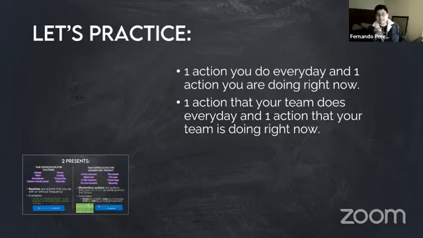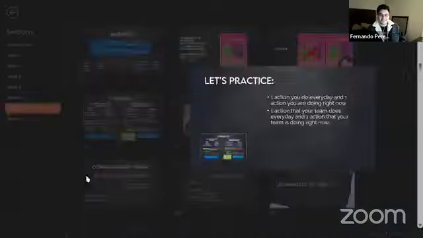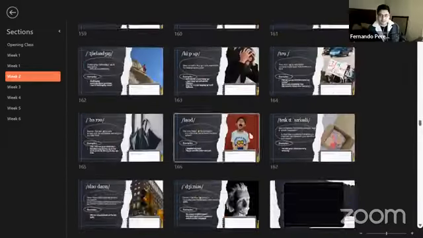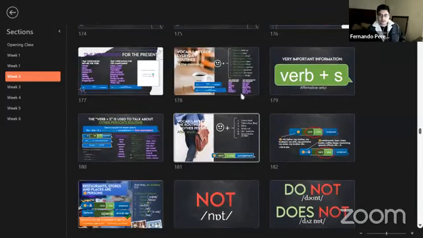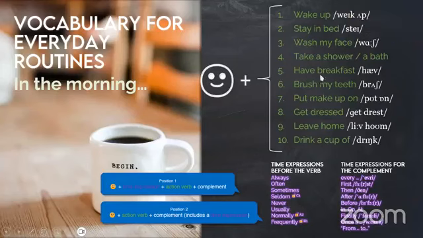Uh-oh, in previous classes, we said the correct verb for breakfast, lunch, and dinner. What is the correct verb for breakfast, lunch, and dinner? Take. Wrong, come on. When you talk about breakfast, lunch, and dinner, you're gonna use the verb have.